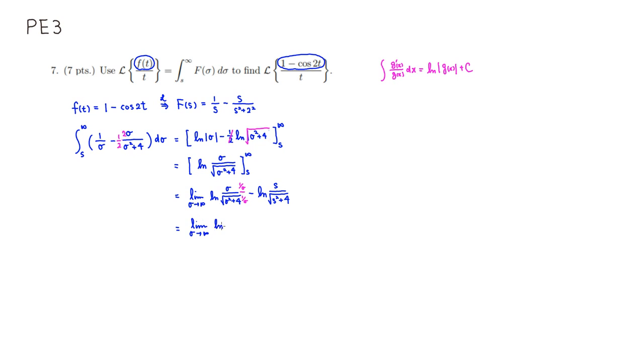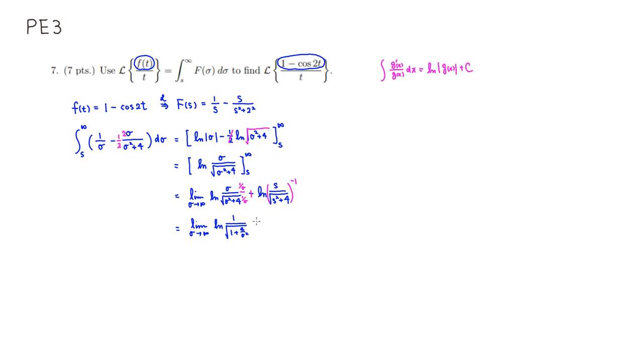Sigma divided by sigma is 1, over the square root of, once you put the 1 over sigma inside the square root it becomes 1 over sigma squared, so sigma squared divided by sigma squared is 1, plus 4 divided by sigma squared. Then I'm going to incorporate the negative sign for the second term and turn it into a positive, raising it to the 1/2 power, which is just taking a reciprocal.